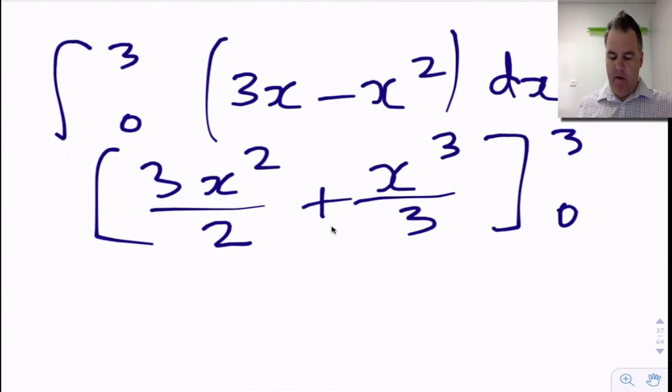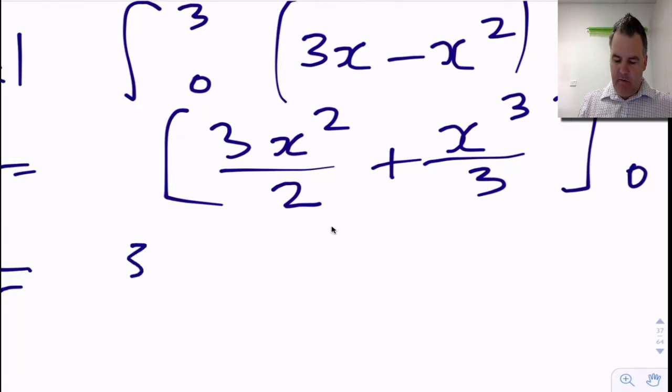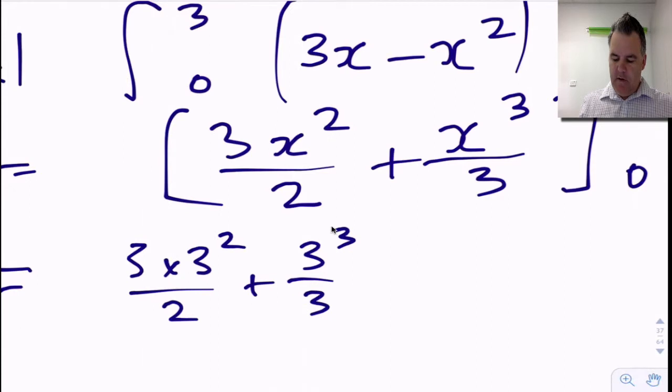That's how we write that. It shows that we've done the antiderivative. I do the square brackets and the limits of integration in this definite integral, top and bottom. So now we substitute 3 in, and then we subtract and we substitute 0 in.